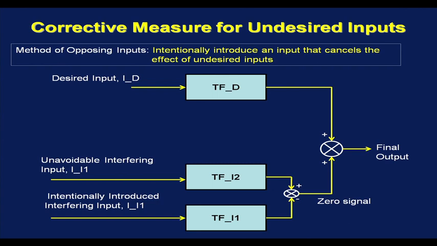Another way of taking corrective measure for undesired inputs will be the method of opposing inputs. Here we intentionally introduce an input that cancels the effect of undesired inputs.